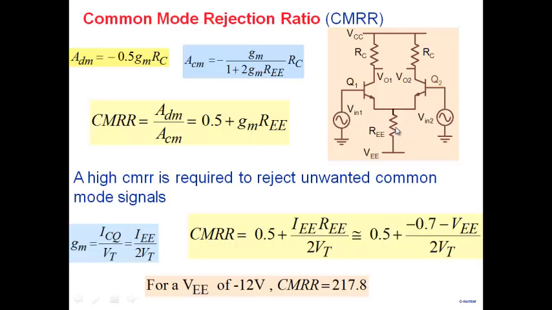If you look at this, it was minus 0.7 and this was VE, and the voltage drop from here to here was causing a current to flow, and this current was biasing Q1 and Q2. So the purpose of RE was to bias the transistors Q1 and Q2 at some value of current.